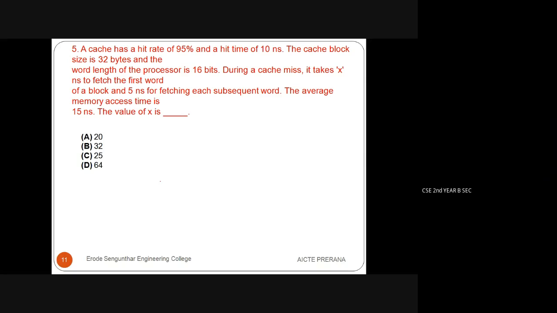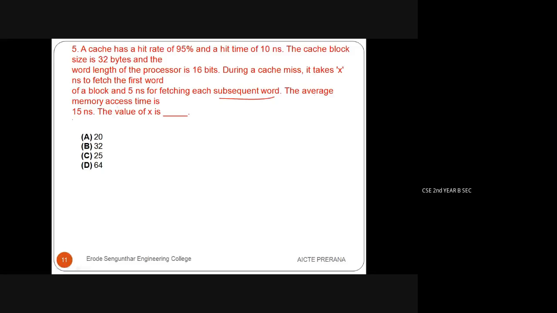Suppose we consider x as a variable, which we have to find out. So x nanoseconds to fetch the first word and 5 nanoseconds to fetch each subsequent word. The average memory access time, AMAT, is 15 nanoseconds.